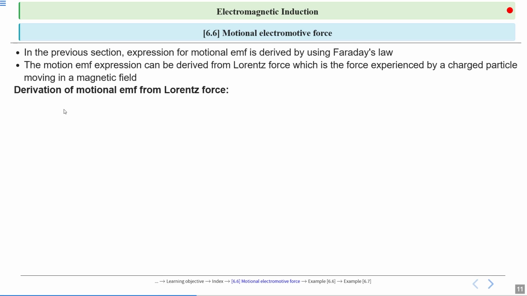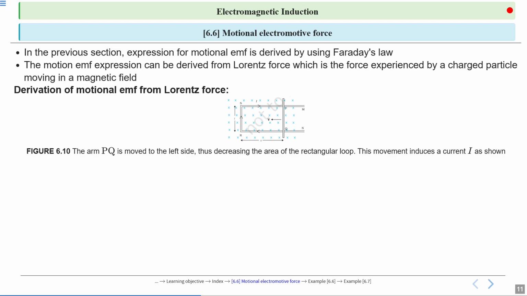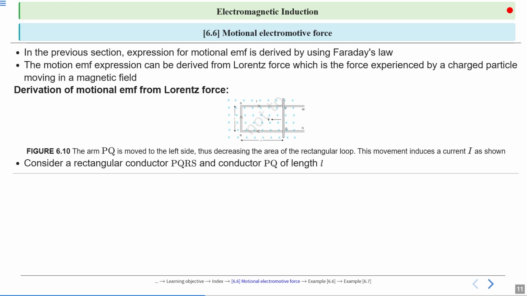Now we are going to derive the motional EMF expression by using the Lorentz force. Figure 6.10 again: consider a rectangular conductor PQRS, and conductor PQ of length L.